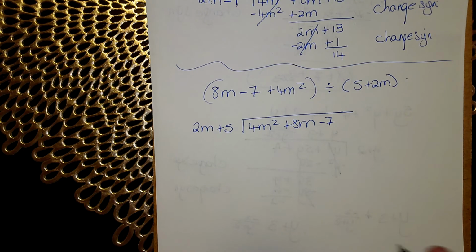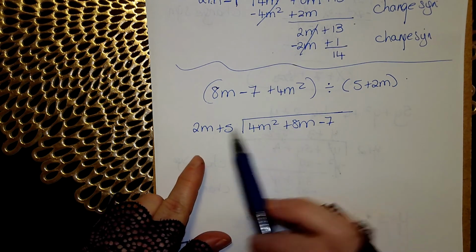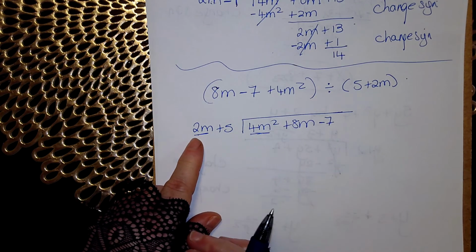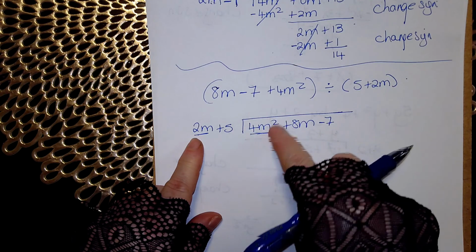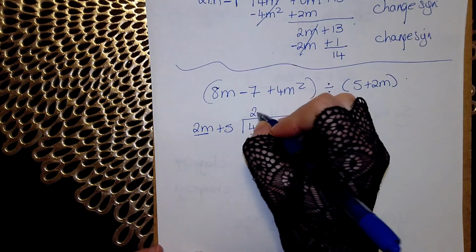Okay, so let's go through one more time. It's just as you're doing your homework, you keep doing this, and eventually it's going to click and it's going to be easy. When you first start, it takes a little bit of practice. So I'm looking at this first term and I'm looking at this first term. So 2m times what gives me 4m squared? Hopefully you will say 2m.